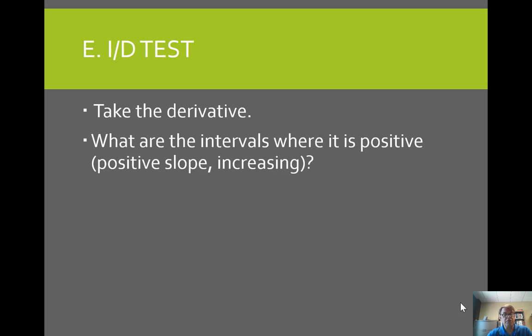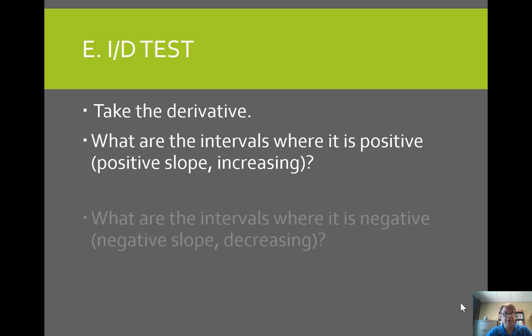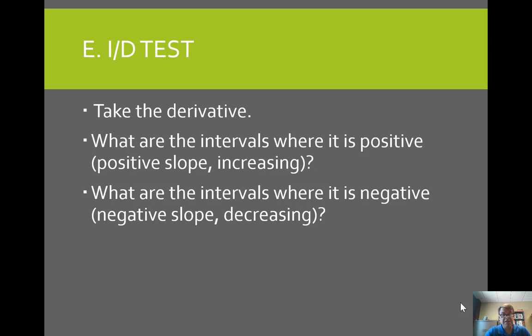Because if the derivative is positive on a particular interval, then the original graph is increasing on it. By the same token, if the derivative is negative on a particular interval, then you know that the slope is negative and that the original graph is decreasing on it. So this gives you a sense of increasing and decreasing, which can help you graph.